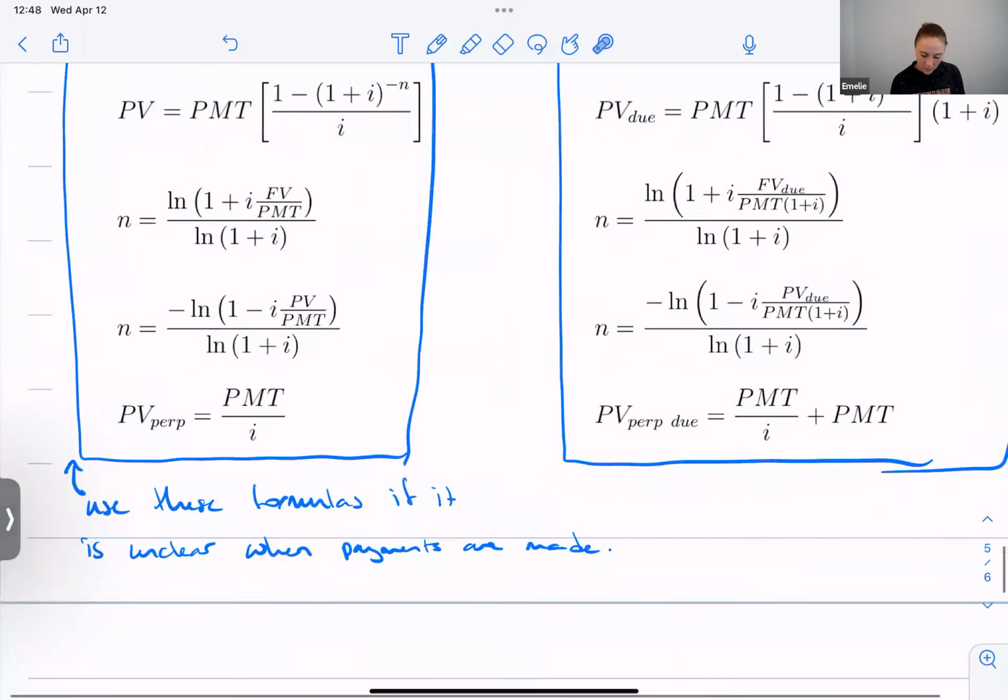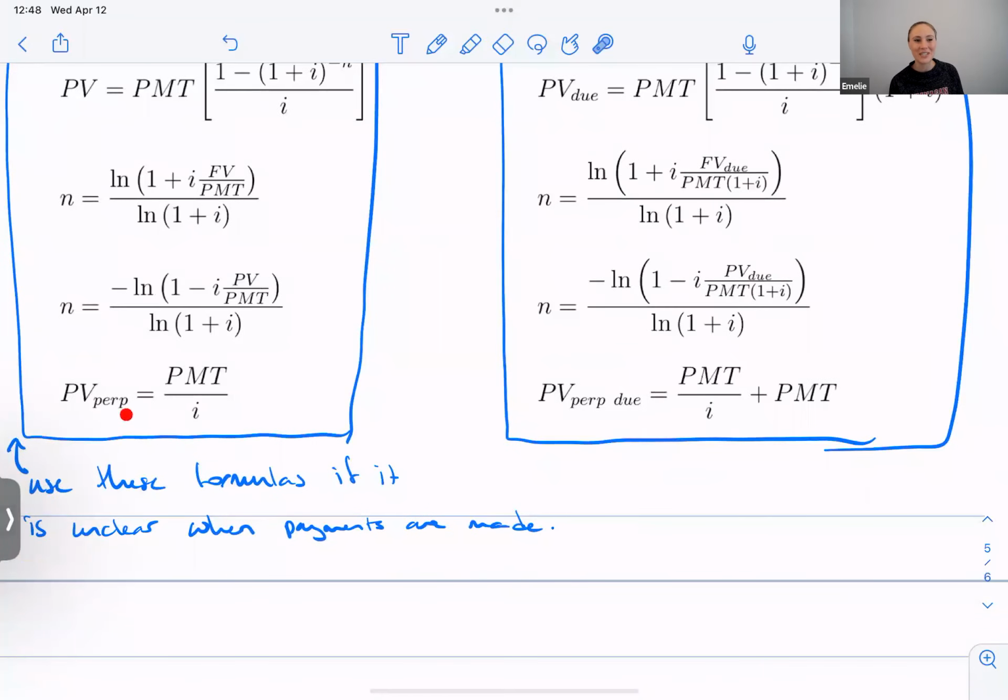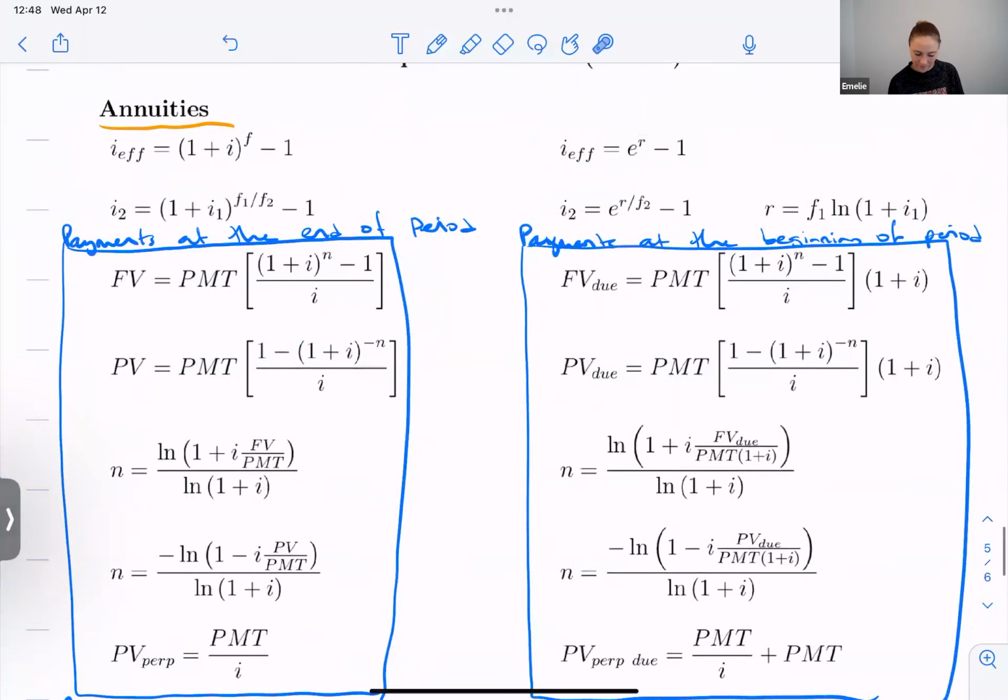Okay. And then we also had these fun perpetuities. I think it's such a fun idea, right? Just scraping off. So you have some initial investment, and then you just scrape off the interest that you make for each payment period. Just kind of fun.